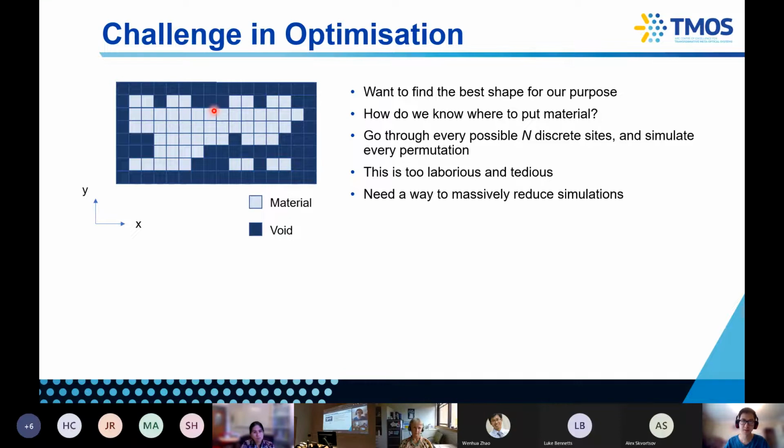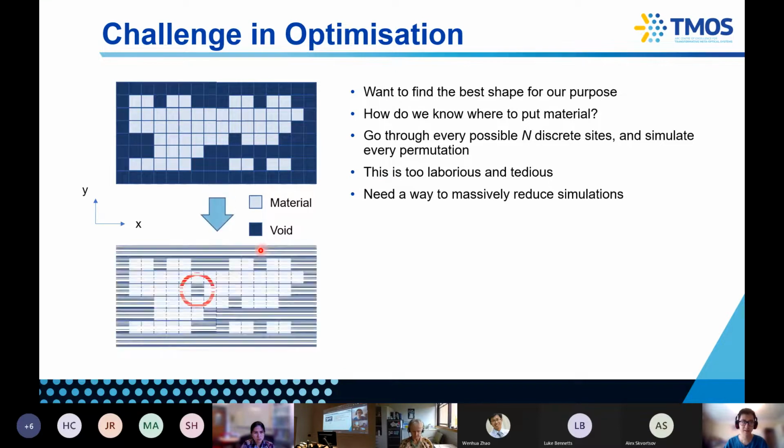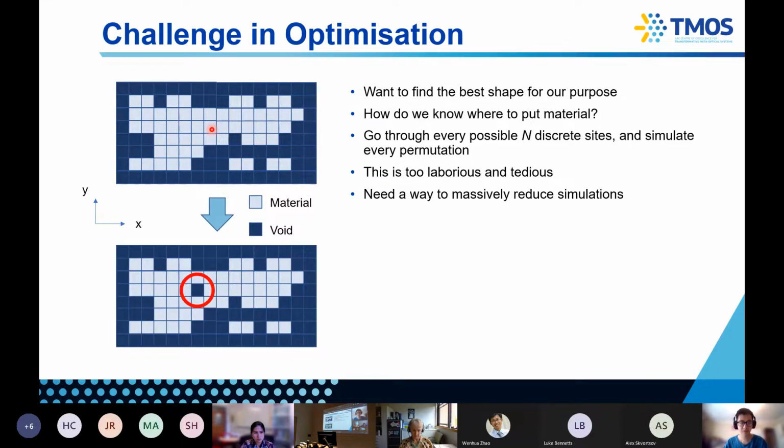And of course, increasing the number of discrete sites will increase your resolution, but further increase the time it takes. So we need a way to massively reduce simulations. What I mean by this is that if I change the location of one aspect of the domain being material or not, can we accurately say how the field will change?